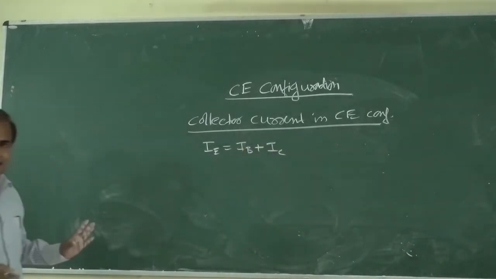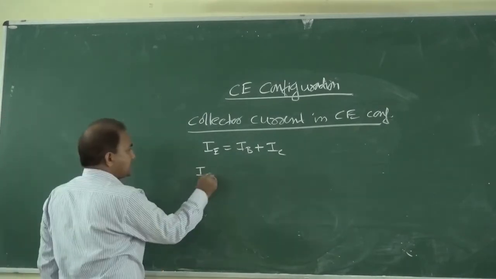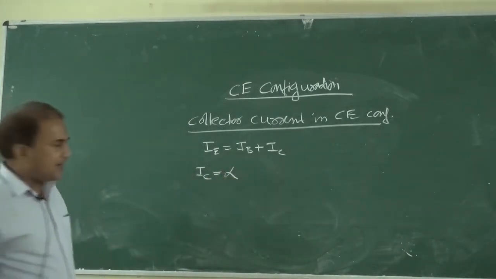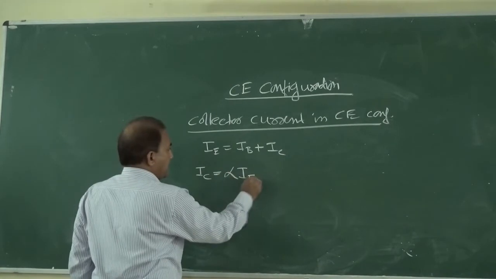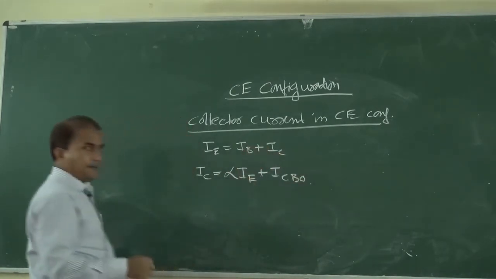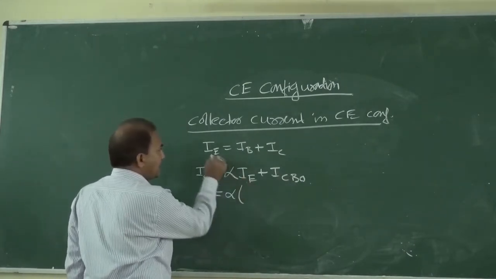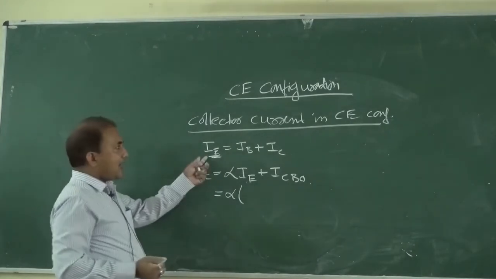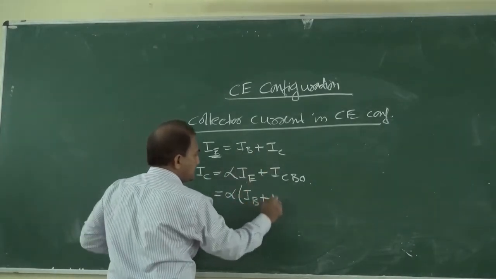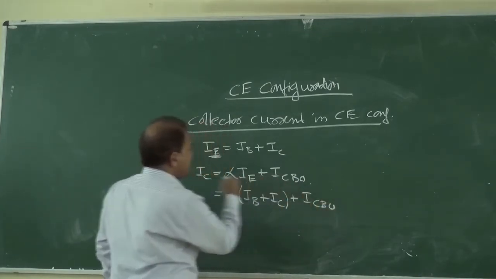IC is equal to alpha IE plus ICBO. And IE is equal to IB plus IC, so IC is equal to alpha times IB plus IC, plus ICBO.